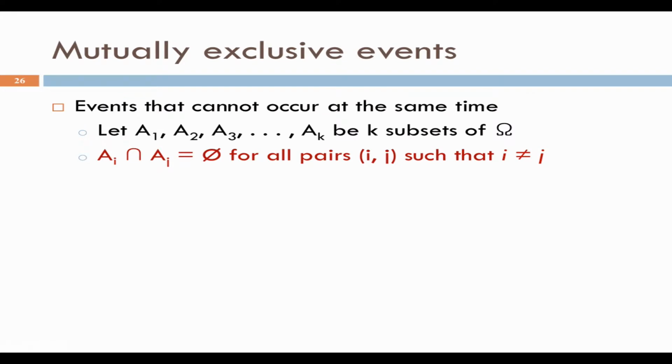The next one is a very important rule of probability, and it relates to how we define mutually exclusive events. What do we mean by mutually exclusive events? It means that if two spaces have no intersection, then the two are mutually exclusive.